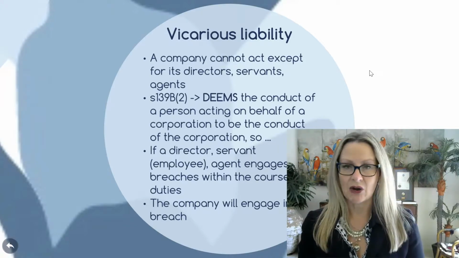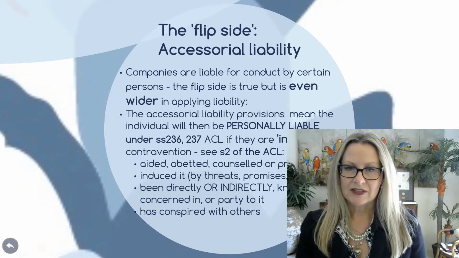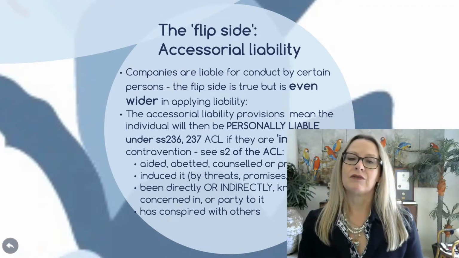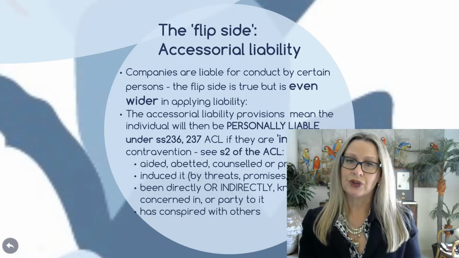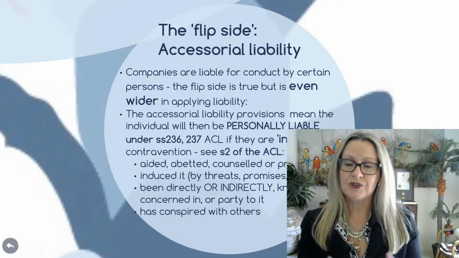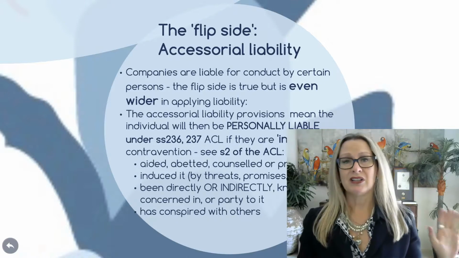That is how companies are liable. However, having said that, it doesn't mean that the person that has caused the company to engage in the breach of the ACL is going to get off scot-free.